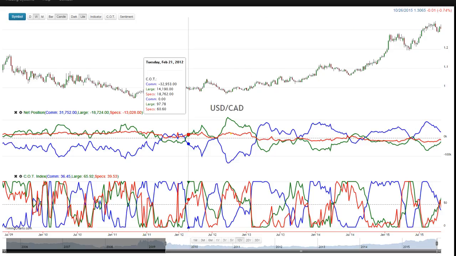Look at this nice little pop when dollar CAD was at this level, and then you can see large speculators started unwinding, and commercial started unwinding, and then dollar CAD started trending higher, and that's where we're at right now.